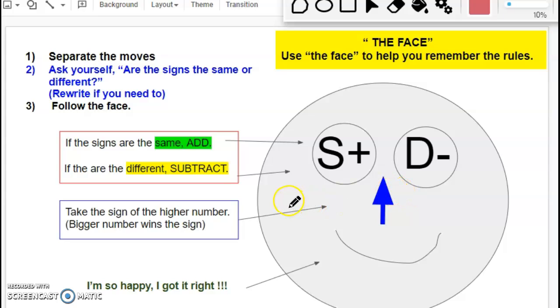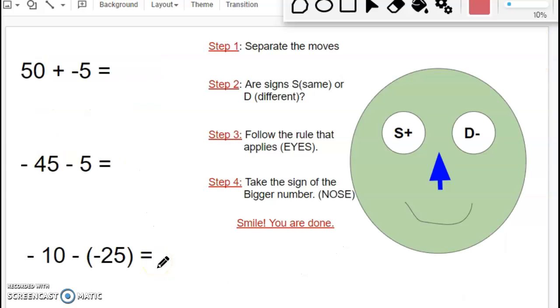The arrow is to take the sign of the higher number, or the bigger number wins the sign. When we spoke about when you're playing tug of war, the bigger, stronger person will win. So that is where you would get your sign. Okay, the sign of the bigger number, and then you're so happy because you got it right. So let's apply this and see how it will work.